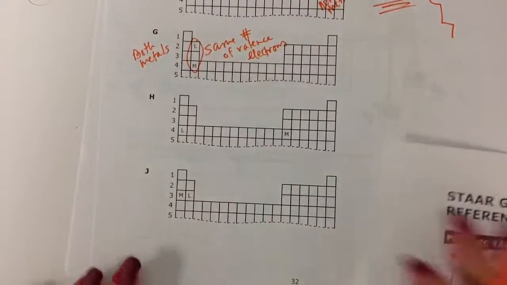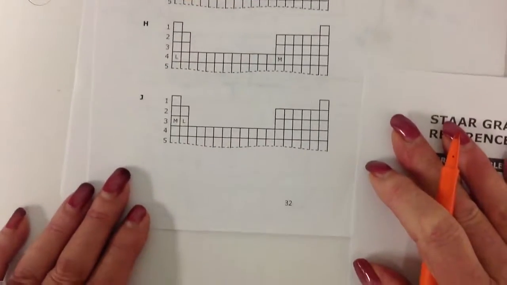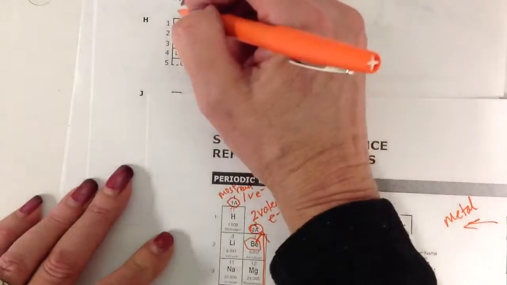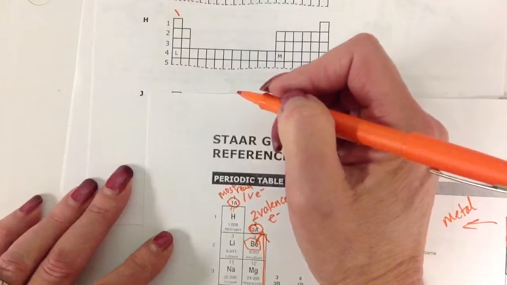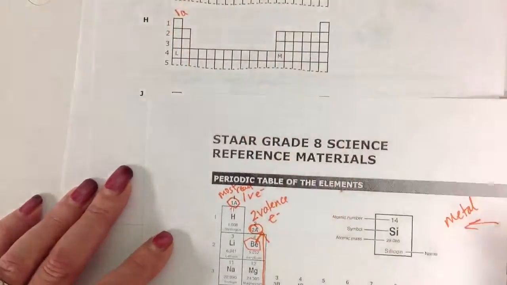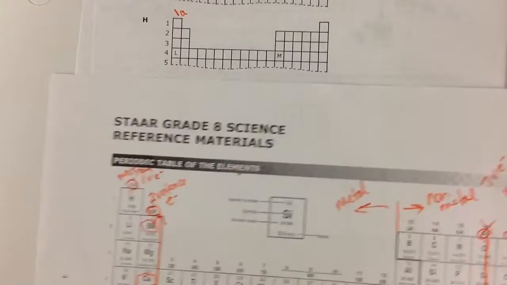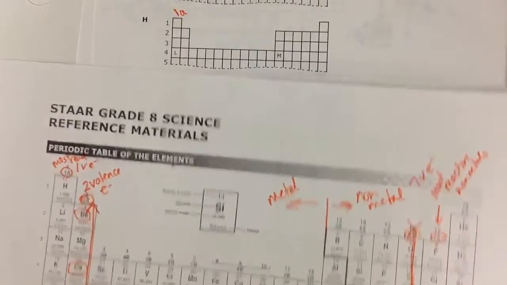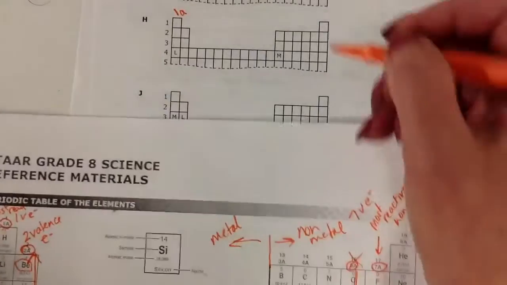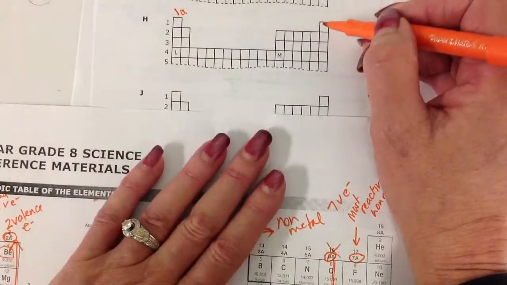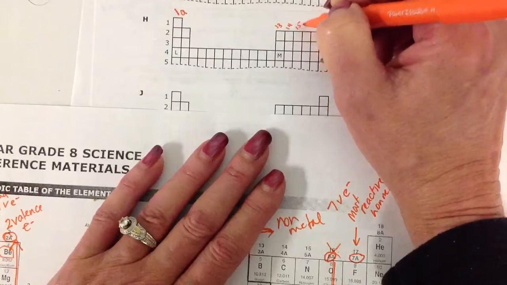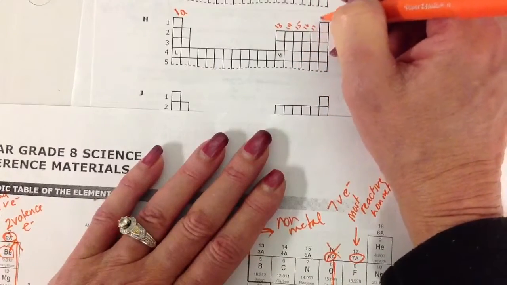Alright, let's look at number H. Okay, number H, we have one element here, which is group 1, and we know that group 1 has 1A, meaning one valence electron. Now let's go and see if we can find M. M is going to be in, let's see, this is 13, 14, 15, 16, 17, 18.